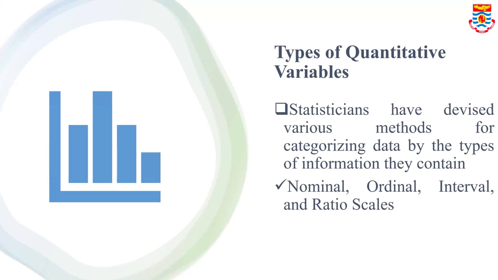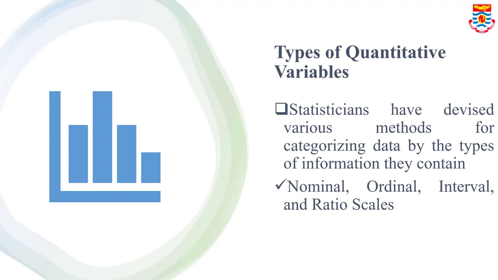Types of quantitative variables. Statisticians have various methods for categorizing data by types of information they obtain. So the numerical one, which is the quantitative, can be seen as discrete and then continuous.